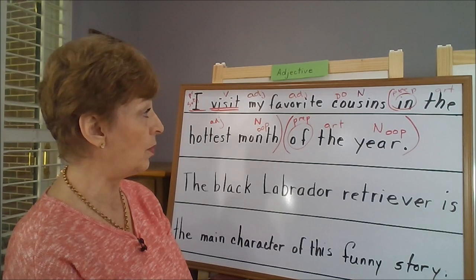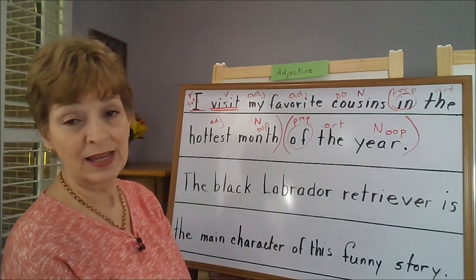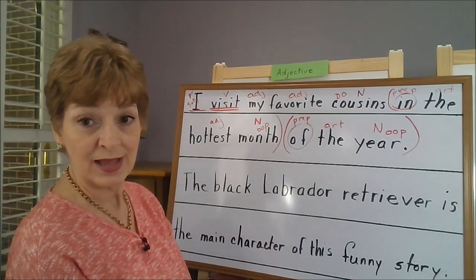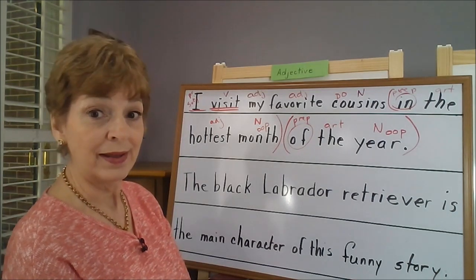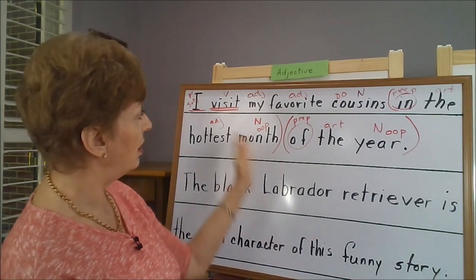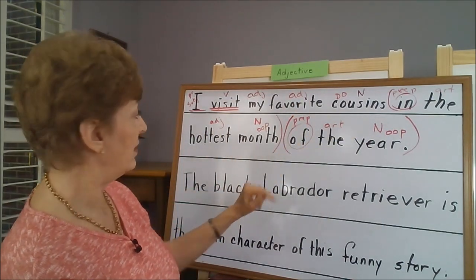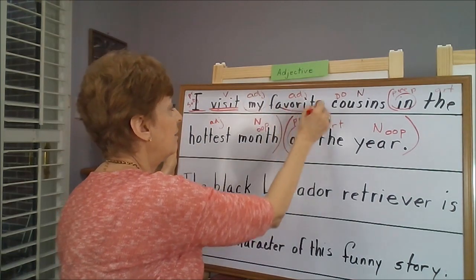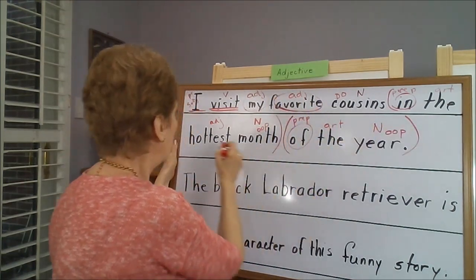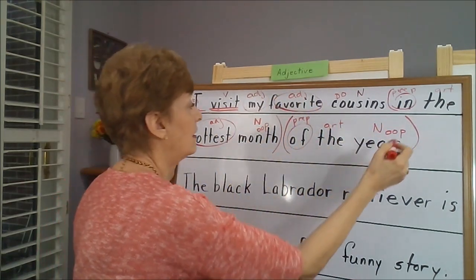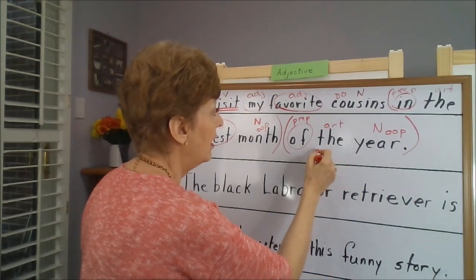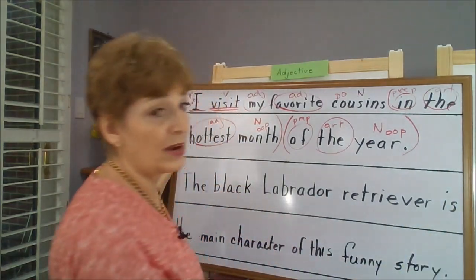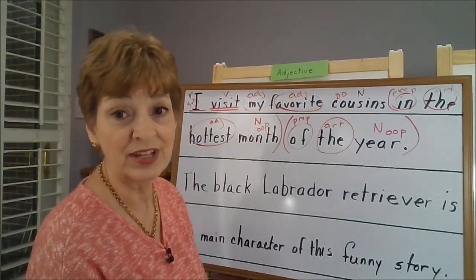And if you were asked to find the adjectives, you probably could have stopped a long time ago. But to be sure you've got it, all of those are marked. So your adjectives in this case are my, favorite, hottest, and the. A and the are also adjectives. They're in a special category called articles.